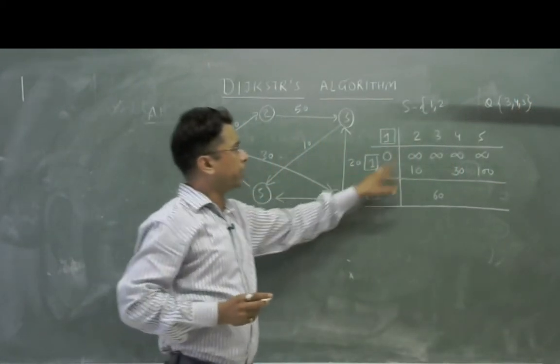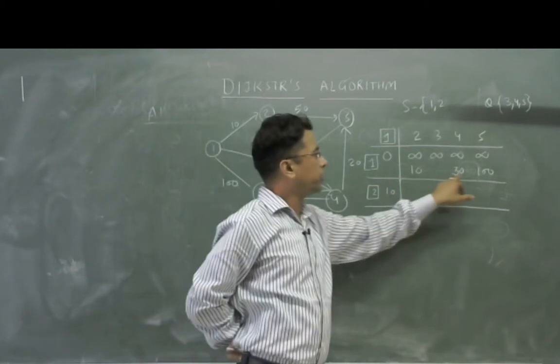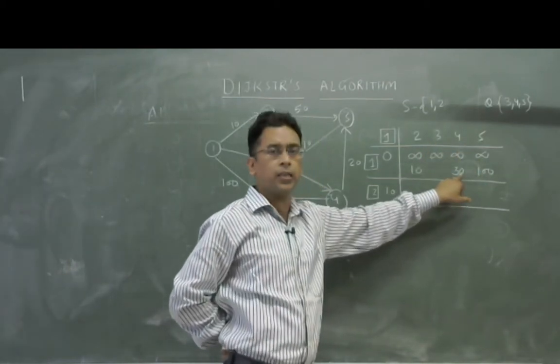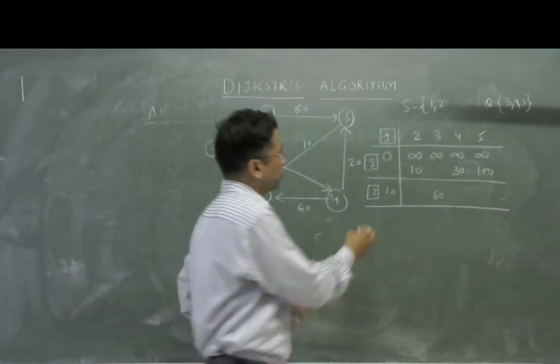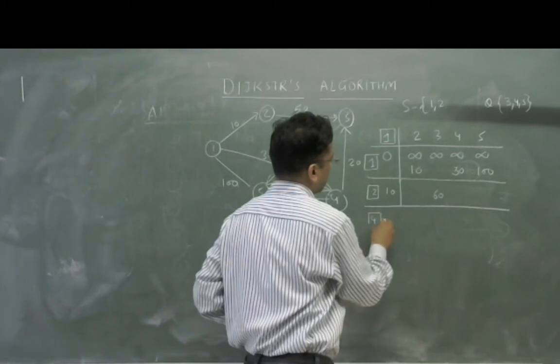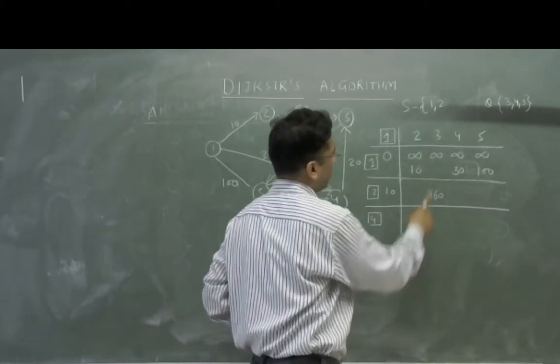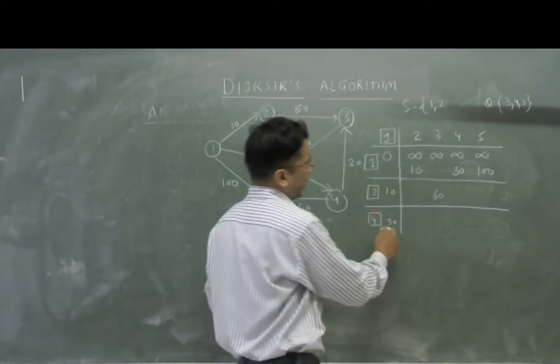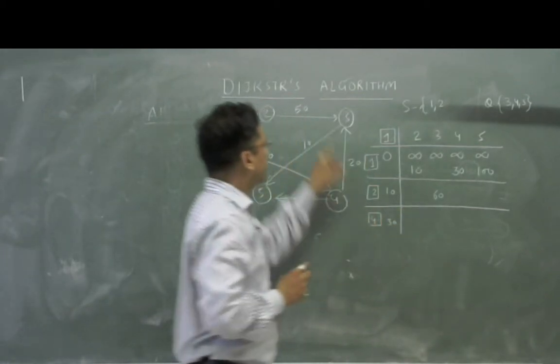Now we shall select among 3, 4, 5 which one is the smallest one. The smallest one is at 30. So we shall choose node number 4, which is at distance 30, as the next node.